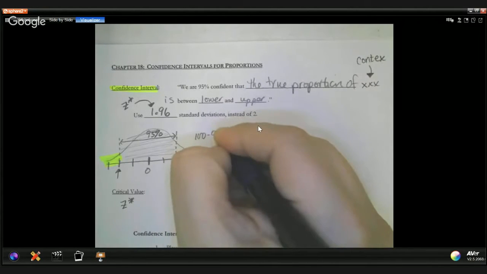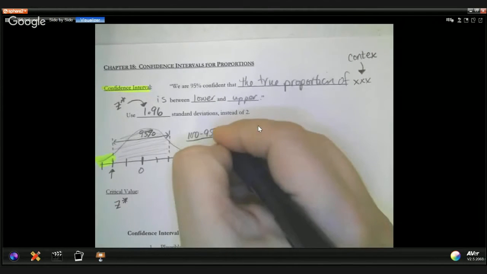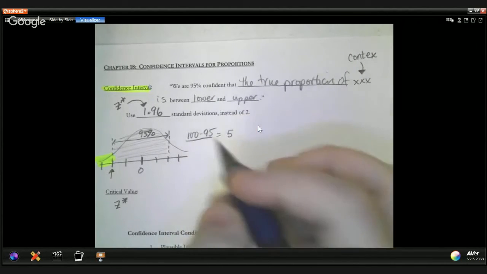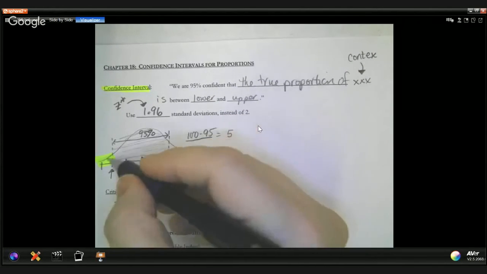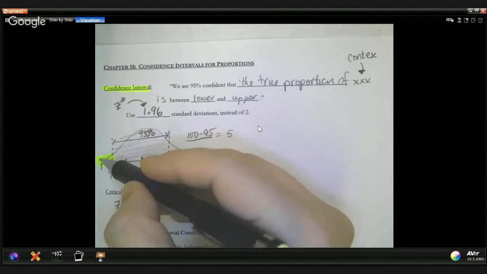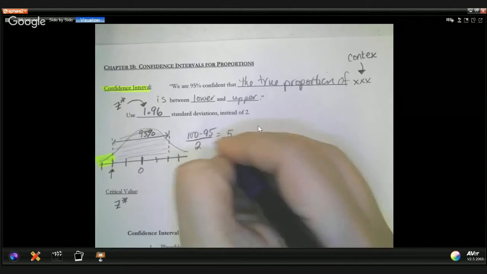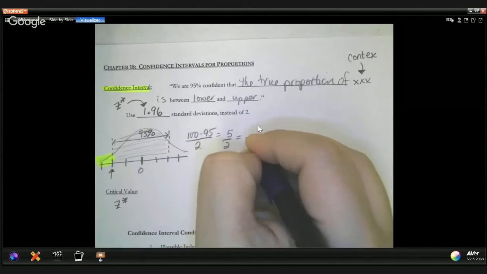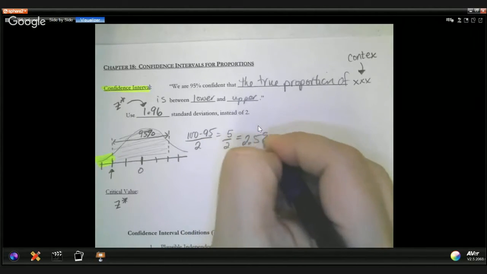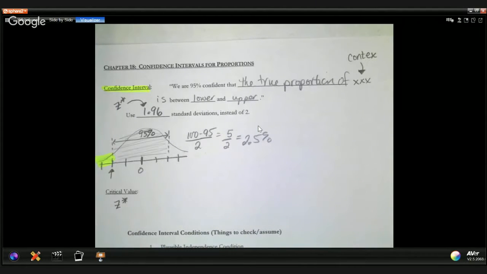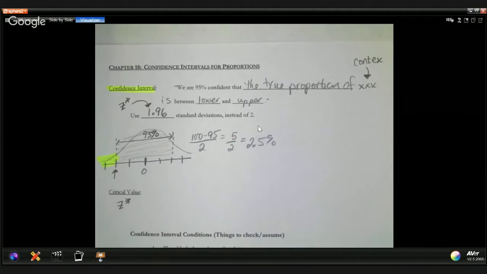So if I subtract 95 from that, I get 5%. But I have 2 parts of it that are 5% total, and I just want the left part, or I just want the right part. So I take that and I divide by 2, which is 2.5%. So to find the number, you're always going to subtract from 100 and then divide it by 2, because you only want half of the curve, either the lower or the upper.